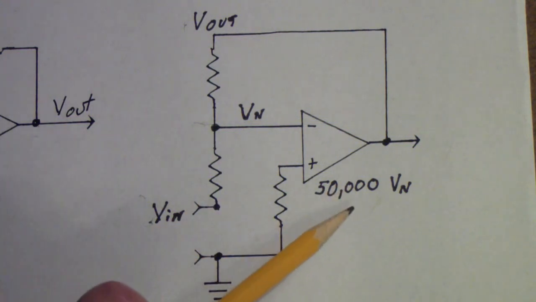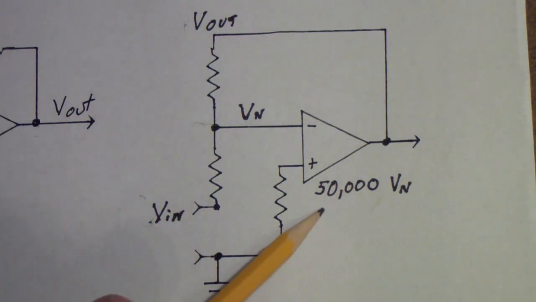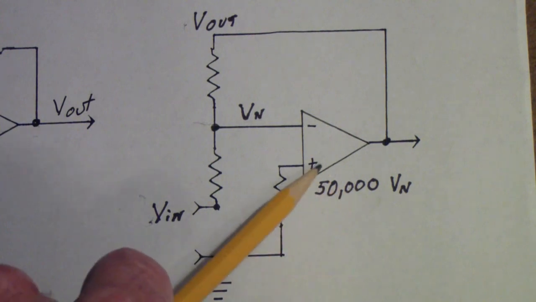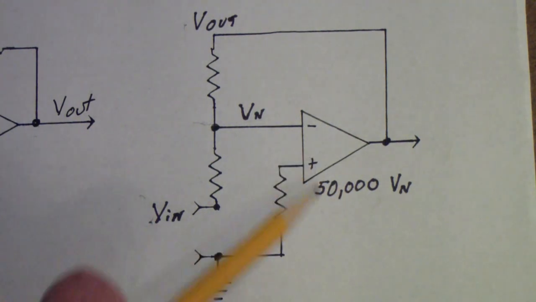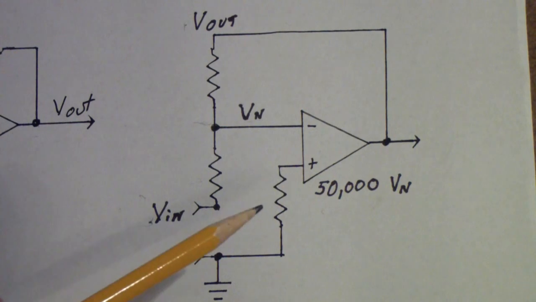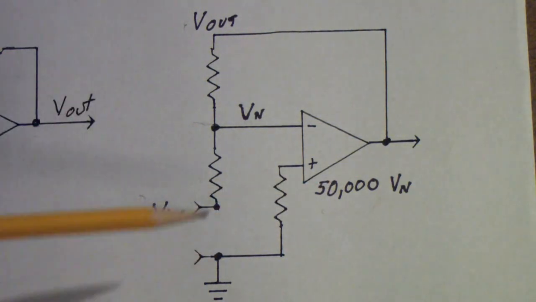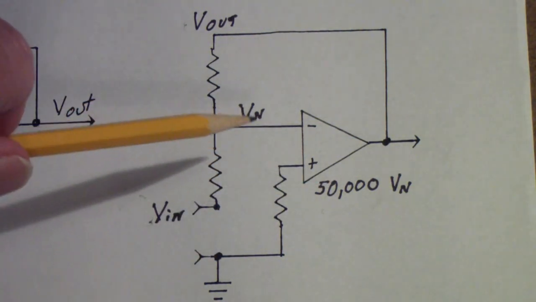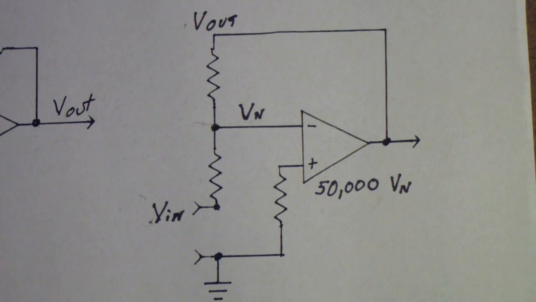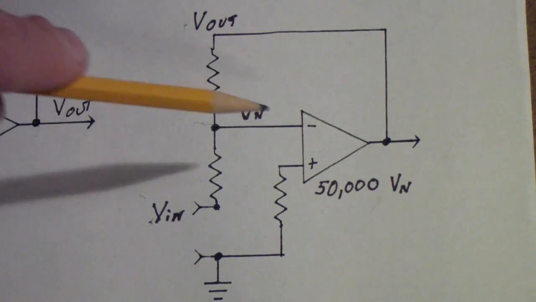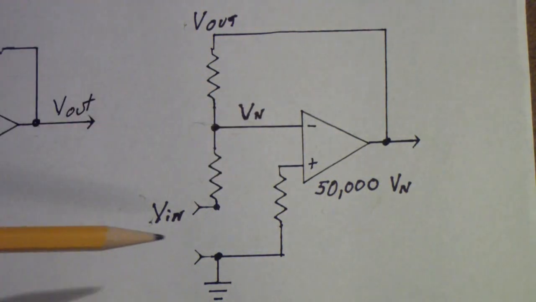We're also going to assume for purposes of this that the open loop gain of this op amp is 50,000. Now there are a lot higher values than that. 100,000 is more typical today, but I'm using 50,000 because that was a typical value for a 741 back in the early days, and I'm going to be using an early 741 later when I talk about slew rate, so I'm going to stick with this one.